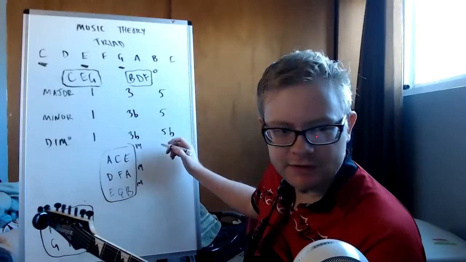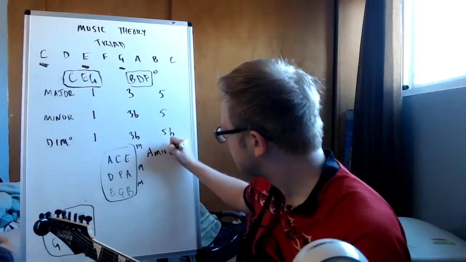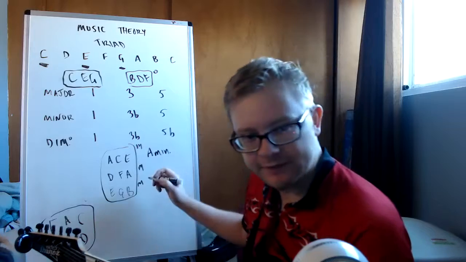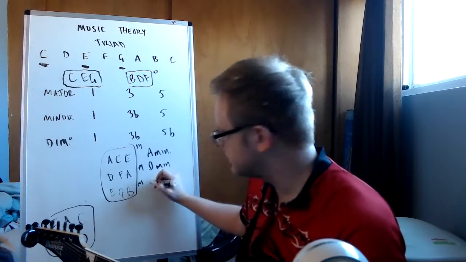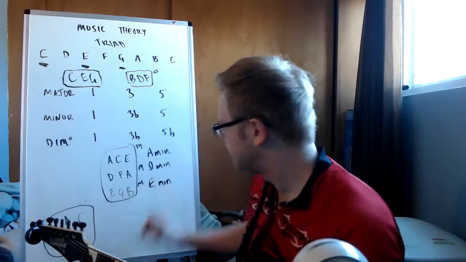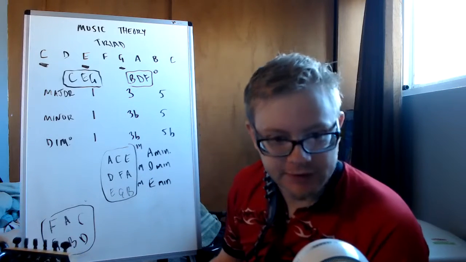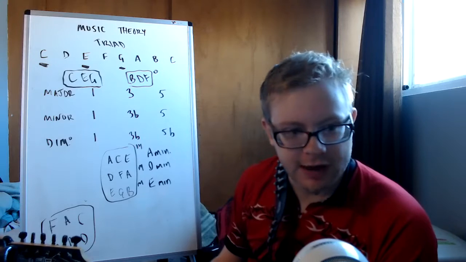So you know that A, C, E is A minor. You know that D, F, A is D minor. You know that E, G, B is E minor. You just accept that and then just calculate from there.